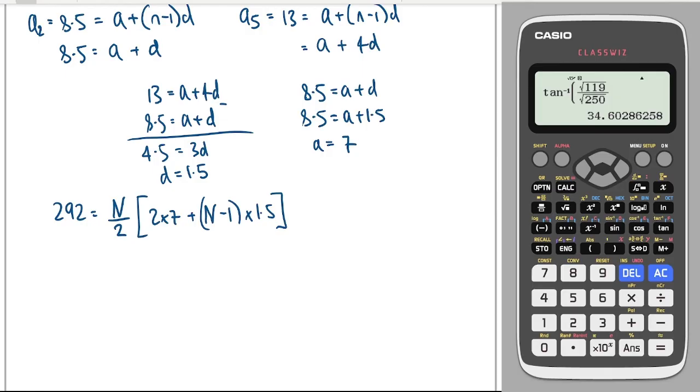Okay, I'm just going to do some algebra rejigging. I'm going to times both sides by 2 to get started, which gives me 584, and that gets rid of the divide by 2 there.